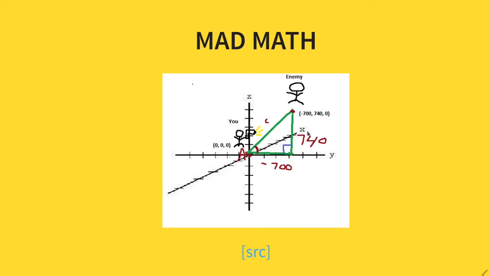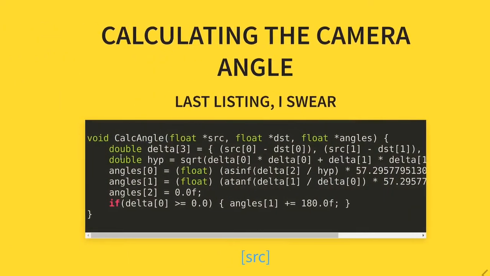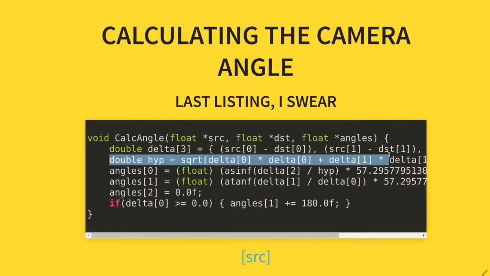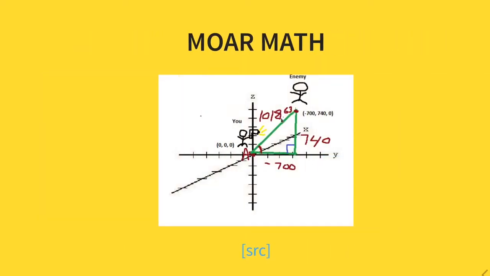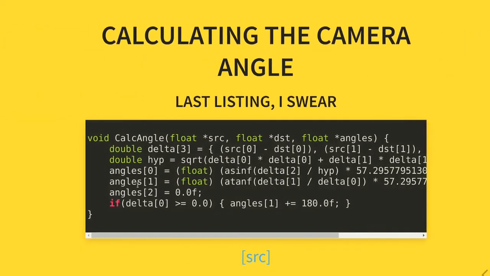So next, you know this value and this value. So you know two sides of this triangle and there's one side missing. The next calculation does exactly that. It calculates the remaining side of this triangle. And now it's possible to calculate the two angles you need to look at the enemy. These are those calculations right here.